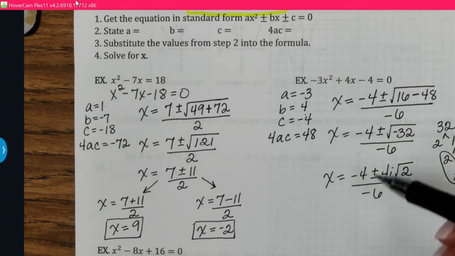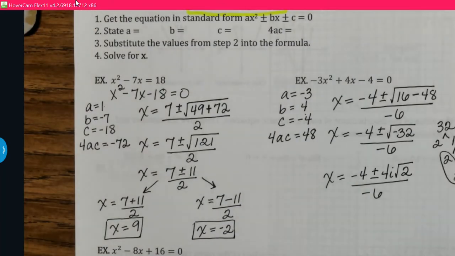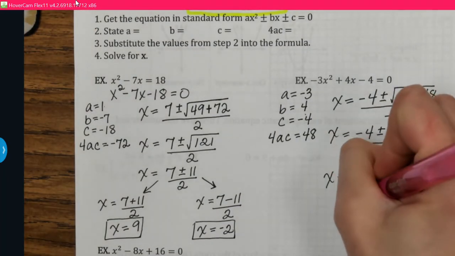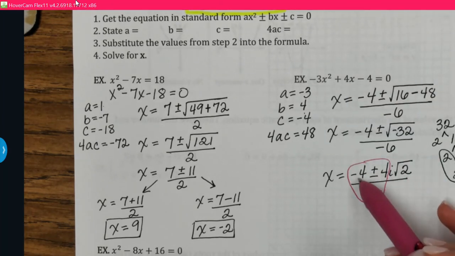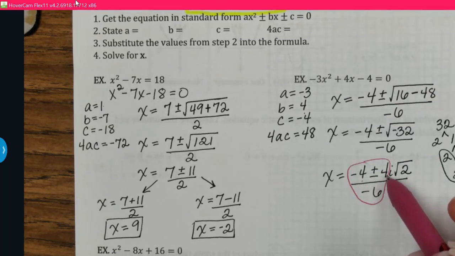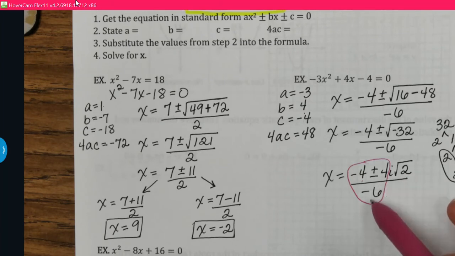Now when you get to this, you need to look at all three numbers right there. You're going to look at the number in front of your plus and minus, the number in front of the radical, and your denominator. Can you simplify all three of those? You can simplify them all by -2, right?